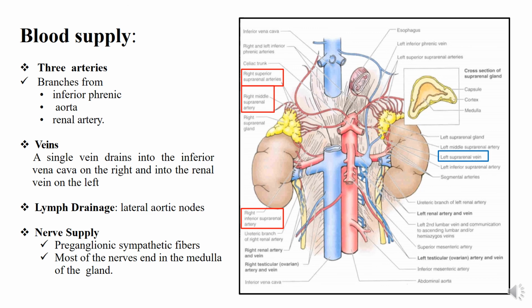In terms of lymphatic drainage, all the lymph vessels go to the lateral aortic nodes. This gland receives preganglionic sympathetic fibers, and most of these nerve fibers go into the medulla of the gland.